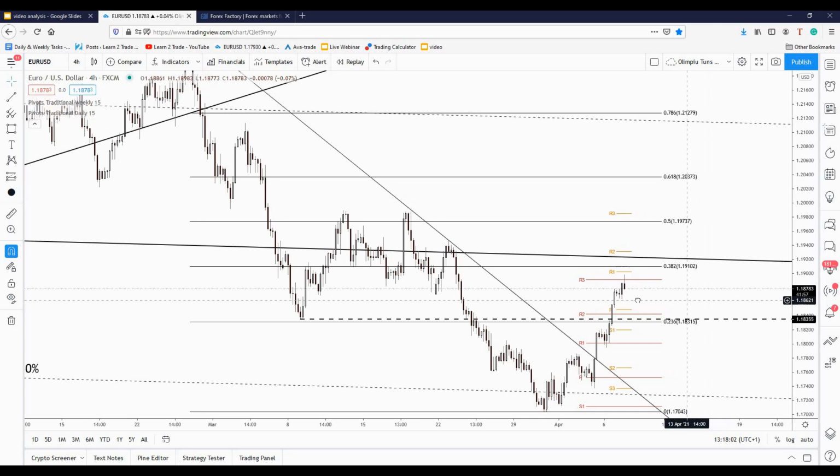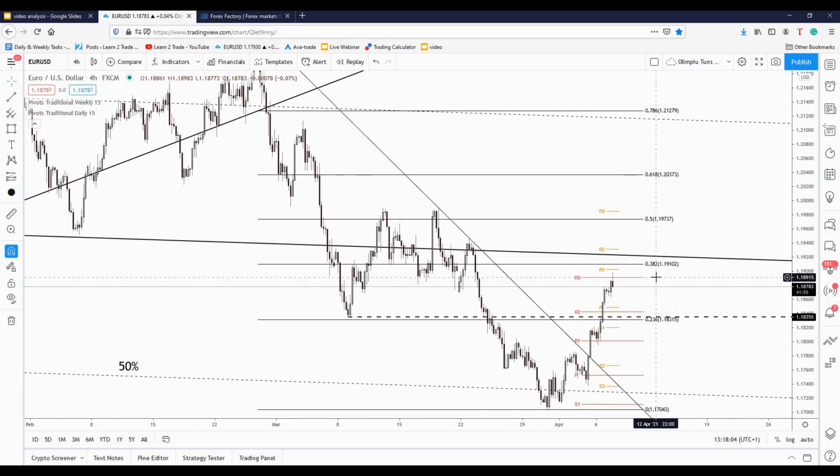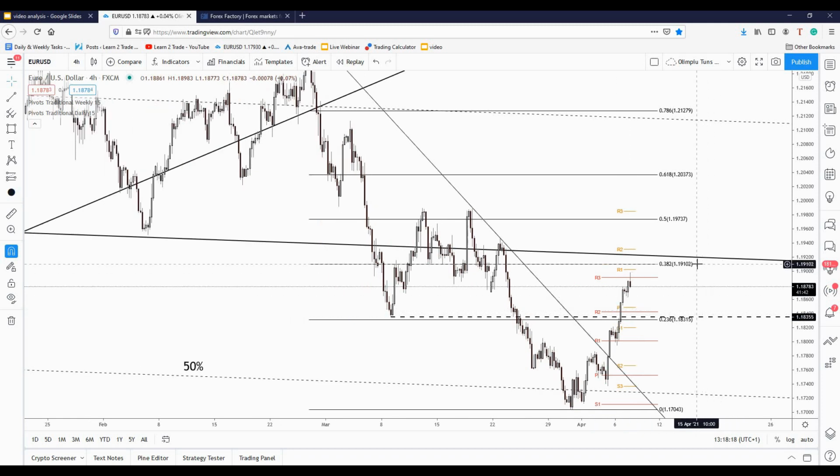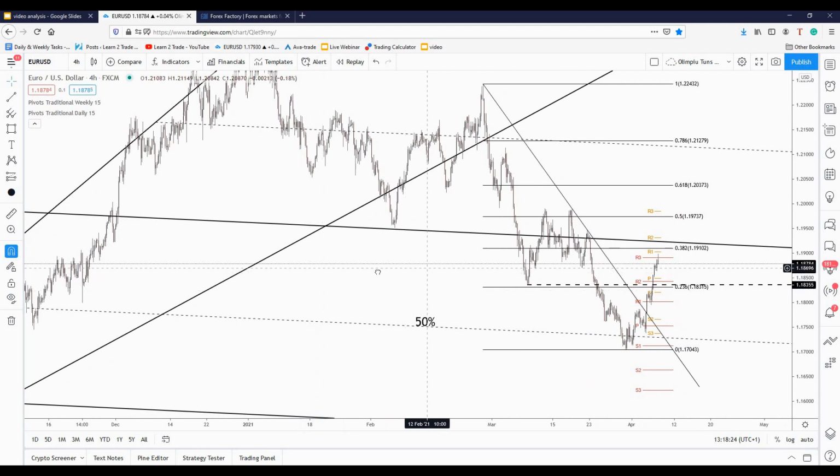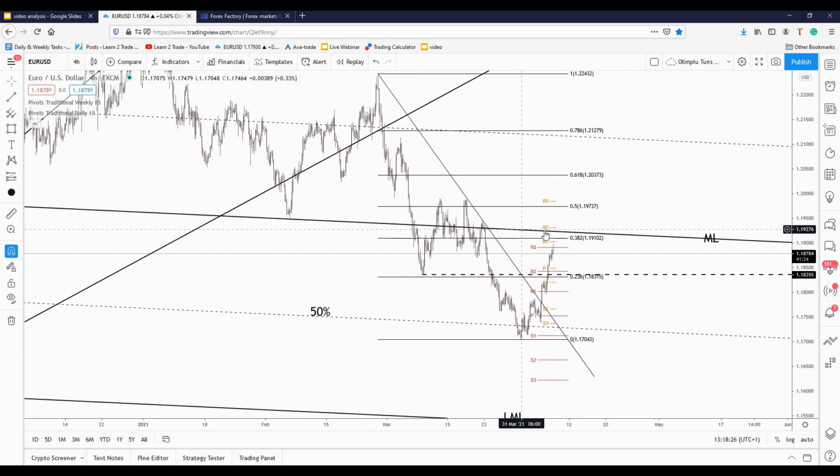term. Okay, now it has jumped above the weekly resistance R3 above 1.1891. It has increased as much as 1.1898, but it has failed to reach the 38.2 retracement level of the major. Guys, we have here an important dynamic resistance represented by the medium line of a major descending pitchfork.